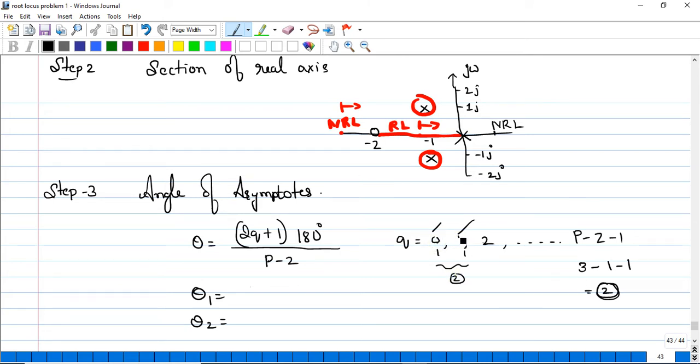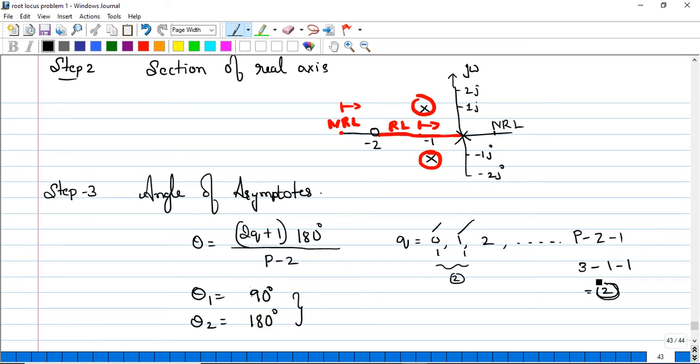So we substitute q as 0 and identify: 2 into 0, 0 plus 1 is 1, 1 into 180 degrees, 180 degrees by p minus z, that is 2, so 180 by 2 will be 90 degrees. When I substitute q as 1, I get 180 into 2 by 2, so 180 degrees. Okay, these are the two angles.